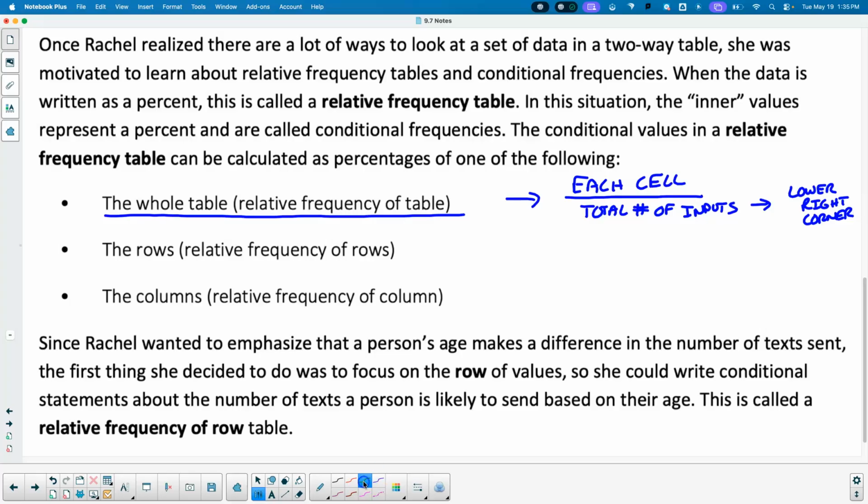If we're doing a frequency table of the rows, then we divide each cell by the total on the right of the row.